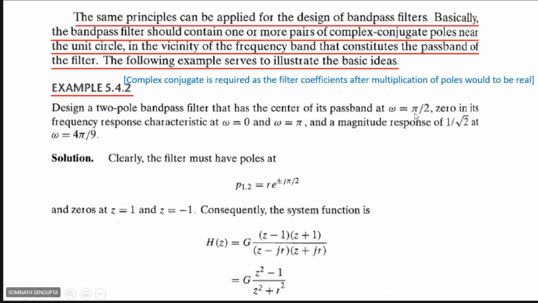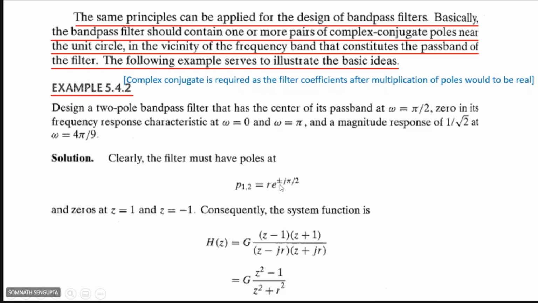Okay. And the poles should be complex conjugate because then the filter coefficients will be real. So we consider 2 poles p1 and p2 at frequency R e to the power j pi by 2. Pi by 2 है because omega is pi by 2.